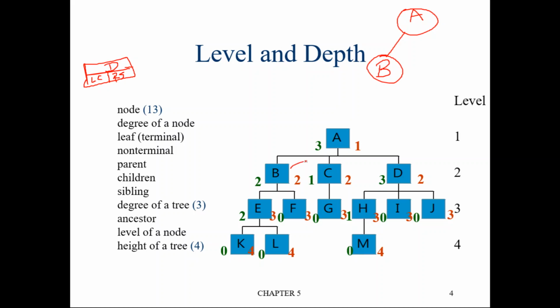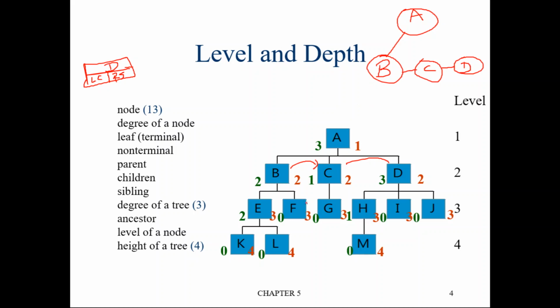The next immediate child of node A, which is C, will become the right sibling of node B. The next child of node A, that is D, will become the right sibling of node C.